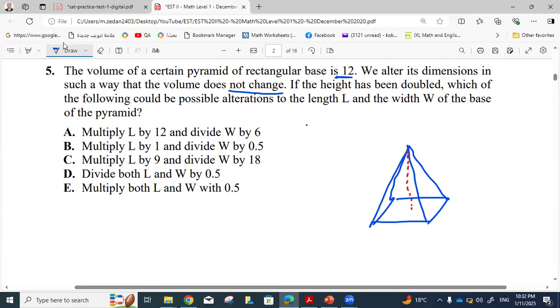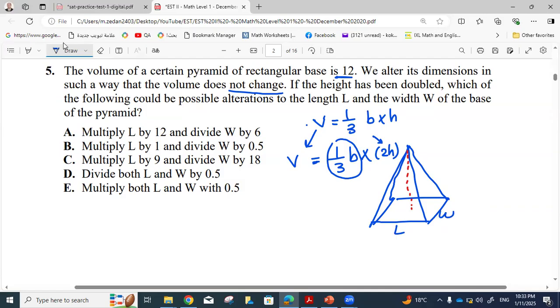So the volume of the pyramid is 1/3 the base area times height. Now the height is doubled, and the V is still V, no change. To maintain this, if you multiply this by 2, you have to multiply this part by half. The base is length times width.